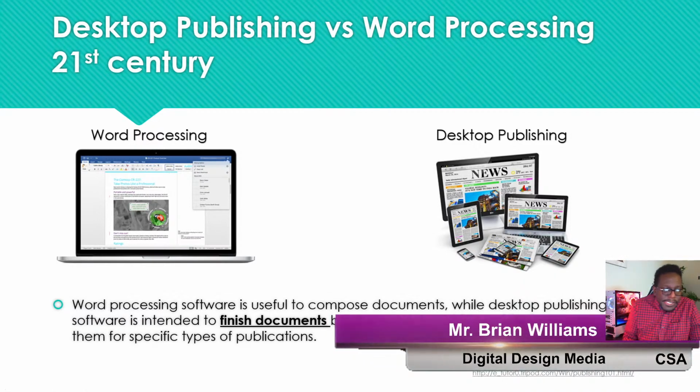Nowadays, when you see a typed document, it still looks very different from a magazine. So word processing software is used to compose documents, while desktop publishing software is used to finish documents. It combines graphics and text primarily, and the software promotes this.